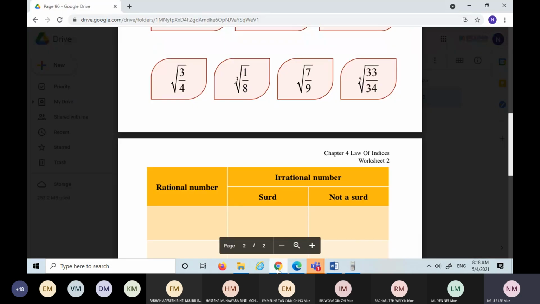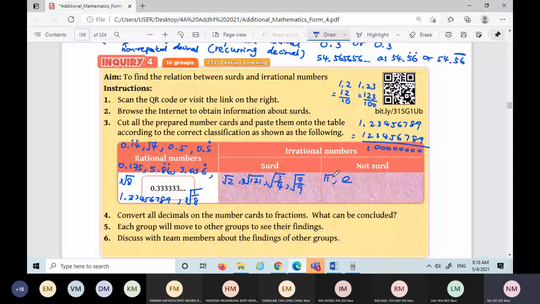Okay, it's a surd. So very simple. Not surd is only these two. So one more here. Order 5, 33, 34.